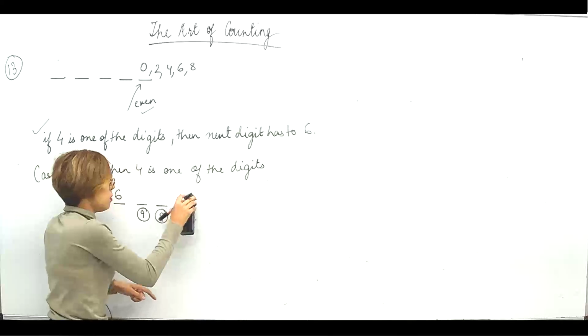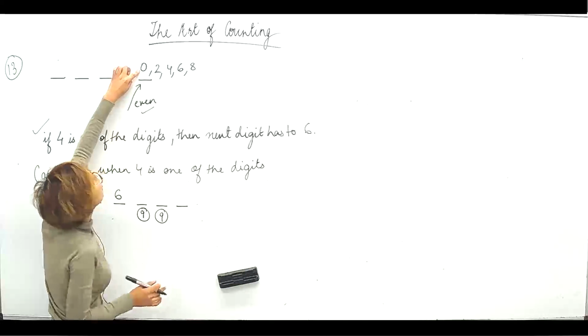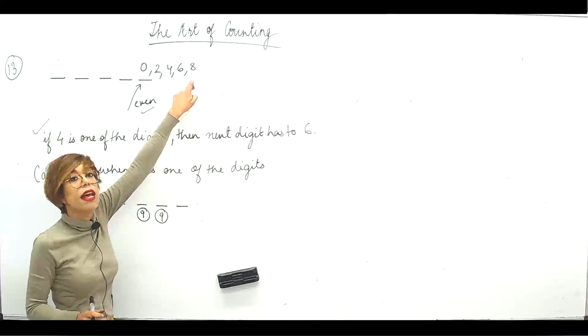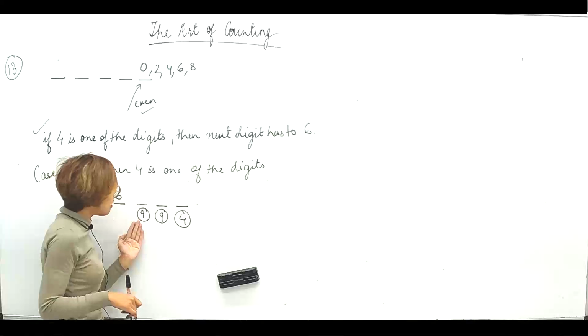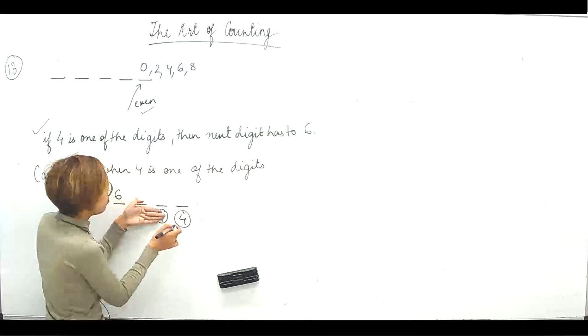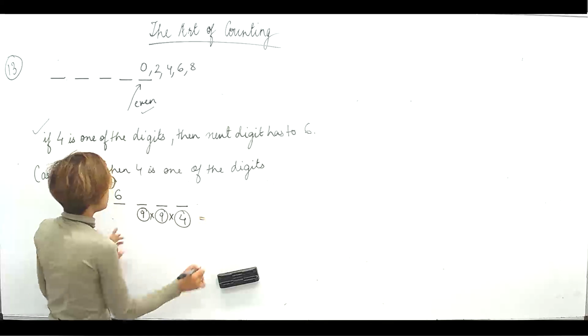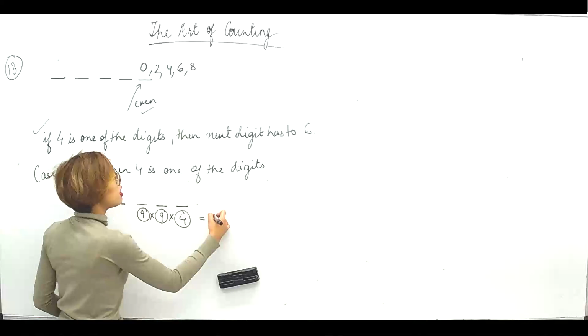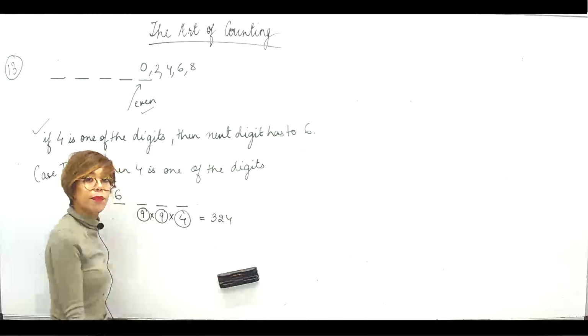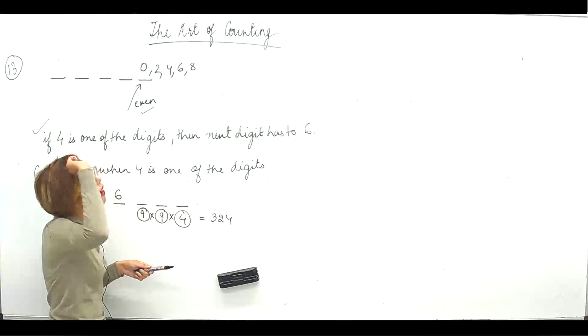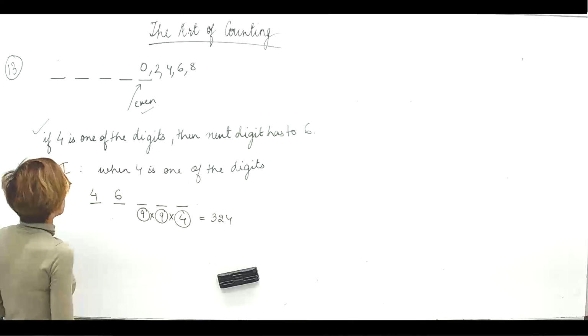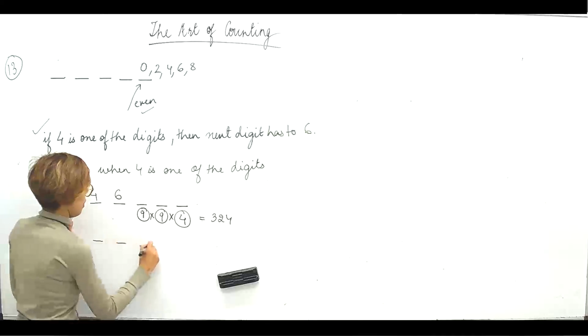So 4 cannot come. It can be 0, 2, 6 or 8, that means 4 possibilities. Corresponding to each of the 9 choices, this is 81 into 4, which is 324. So this case is done.